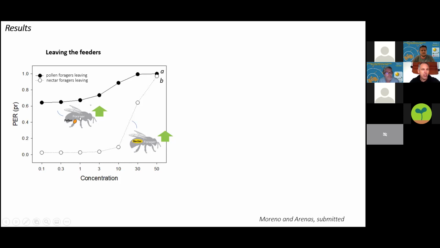Even when she arrived at the pollen feeder with some nectar in her crop, she used this nectar to stick and to gather pollen. So probably this is a condition in which the bee needs energy, and that's why it's very sensitive to sucrose solution.